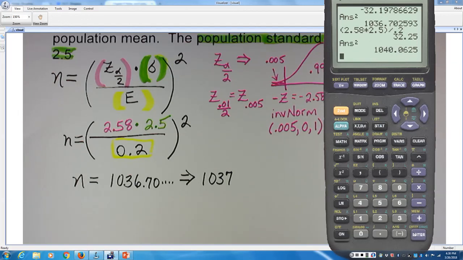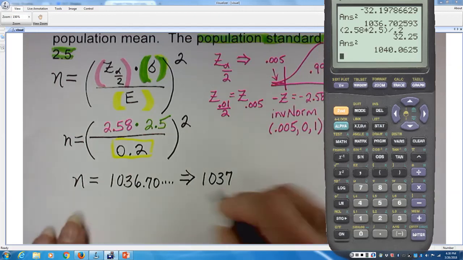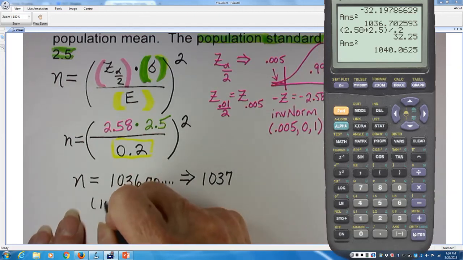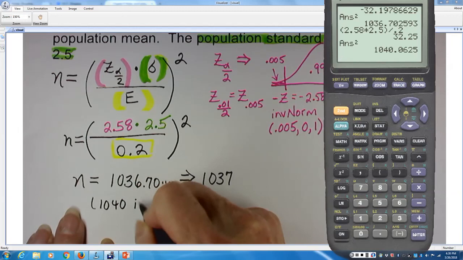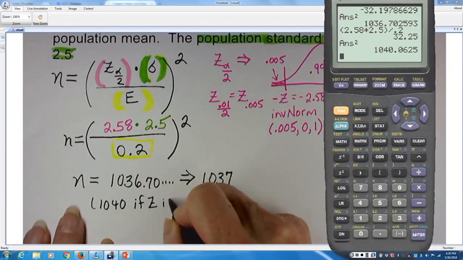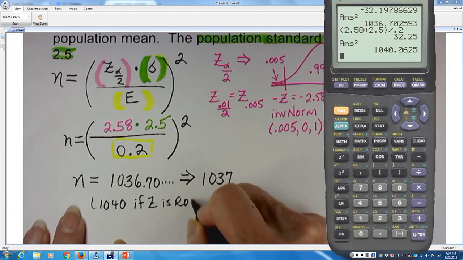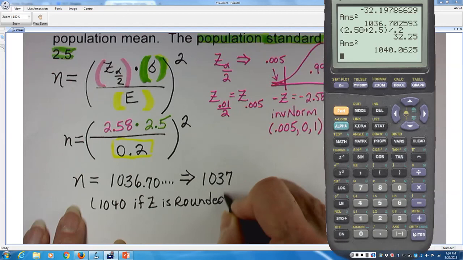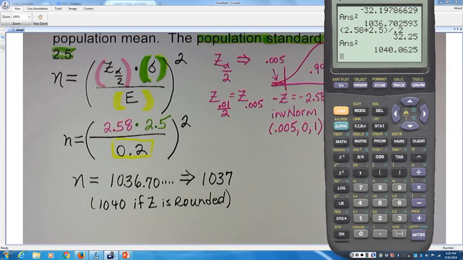So you would get 1,040, okay? And if I did a multiple choice question like that, I wouldn't give you two that were that close to make you pick from. I would make sure that there would be a lot of difference between the answers, okay?